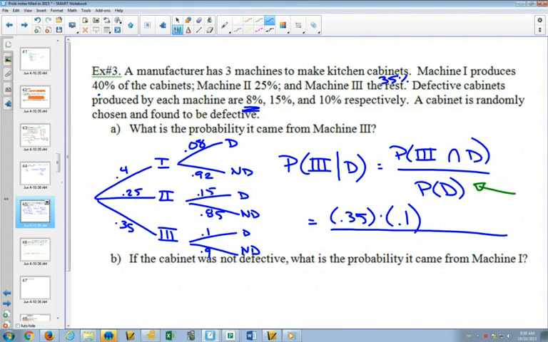Out of machine 1, 40% times 8%, plus machine 2, 25% of machine 2, and a 15% chance of defective, plus machine 3, which is 35% and 0.1. Tally those all up.